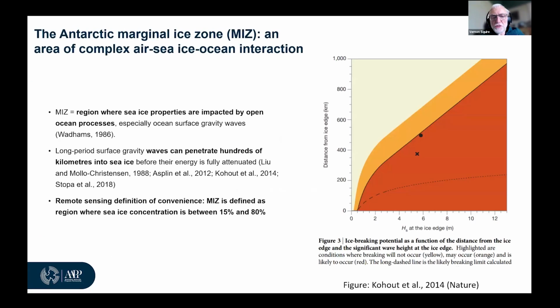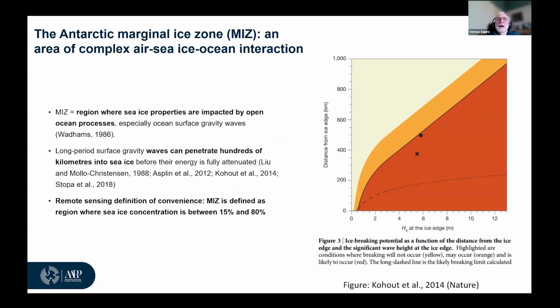How do we relate the two? If we go back to MIZ, the whole point of MIZ was to do experiments where we felt there was something interesting happening that was related to the open ocean. You're defining, in a very clever and appropriate way for models and potentially remote sensing, where the marginal ice zone ends.